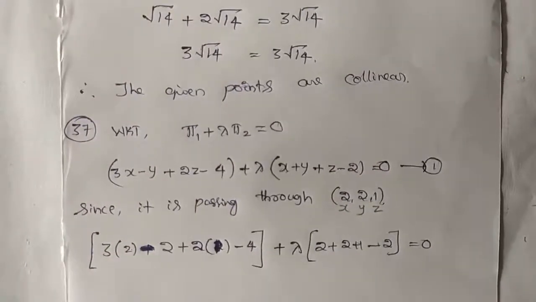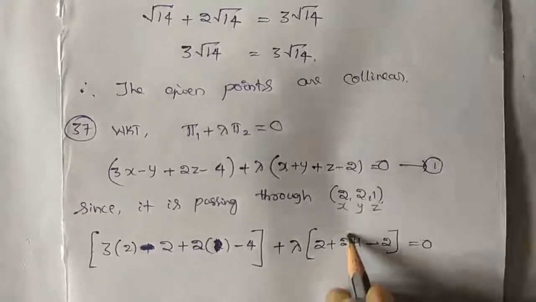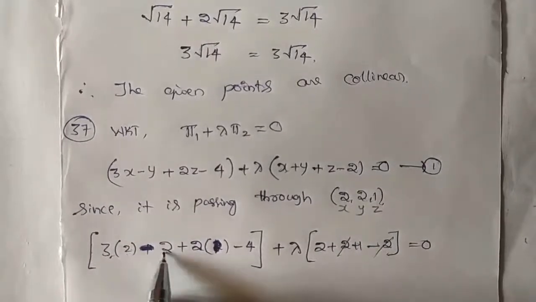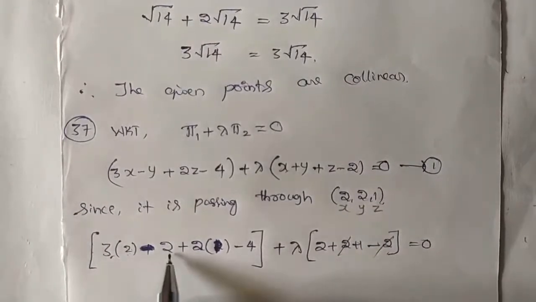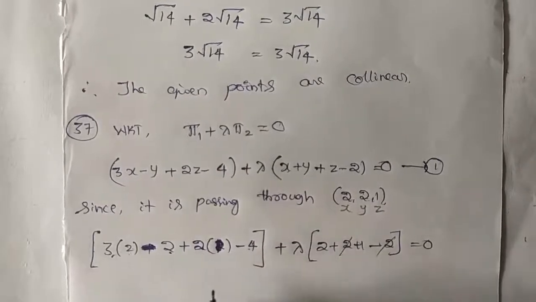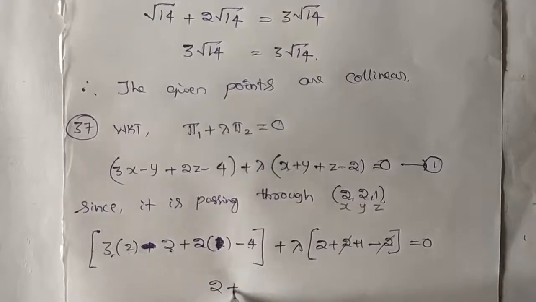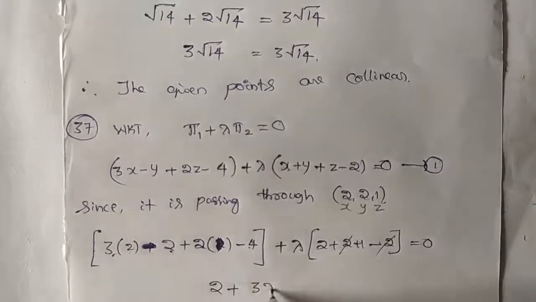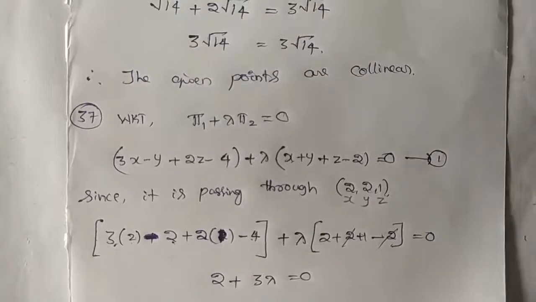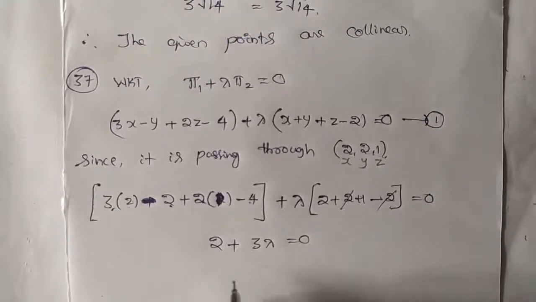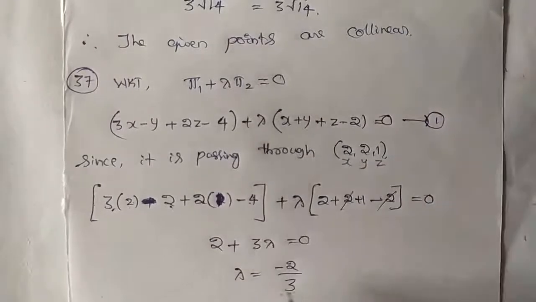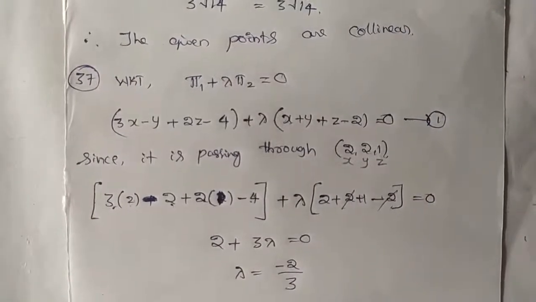So in this, find the value of lambda. Plus 2 minus 2 will get cancelled. 3 into 2 is 6. 6 minus 2 is 4. 4 will get cancelled, 2 will be there. So therefore 2 plus 3 lambda equals 0. So lambda equals minus 2 by 3. Lambda value is minus 2 by 3.